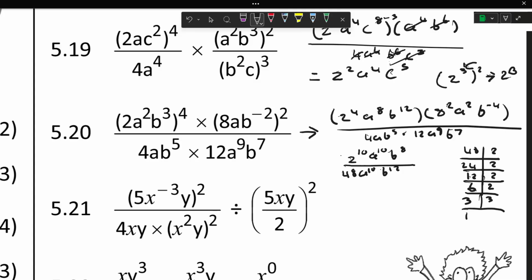Okay, I thought it would be a little nice shortcut, but no. Okay, moving on. We're going to go a to the 10 cancels with a to the 10. And then 2 to the 10. Have I made a little bit of an algebra error? Let's see. 2 raised to the 10.